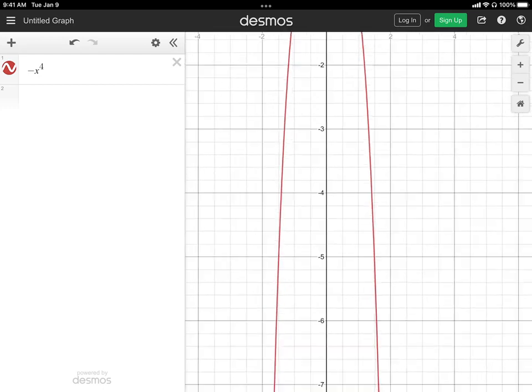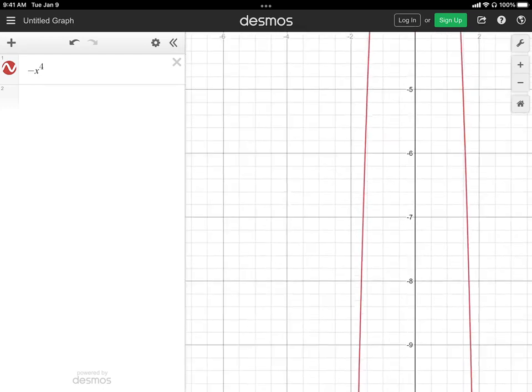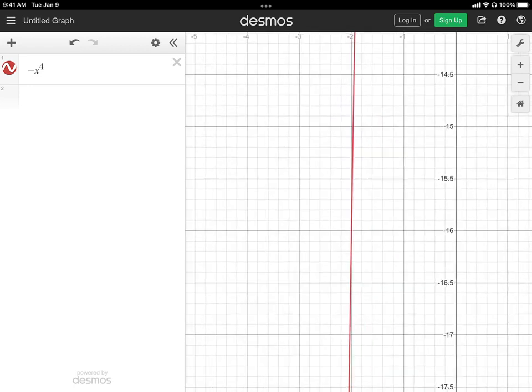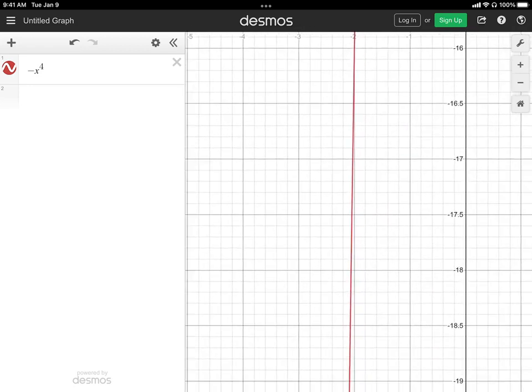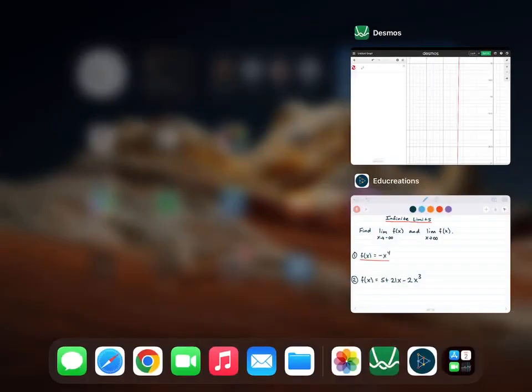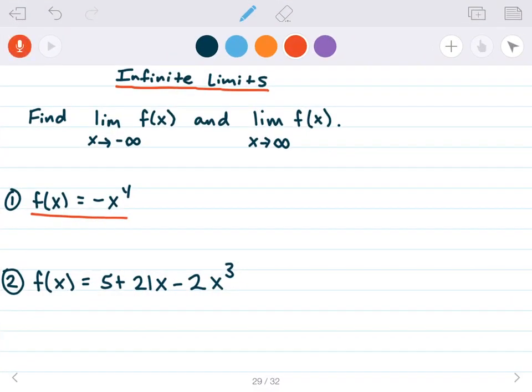Well, it looks, if we keep scrolling down, as x gets closer and closer to negative infinity, it seems that y also gets closer and closer to negative infinity, right? We just keep going down. And so this guy, limit as x goes to negative infinity, is going to be negative infinity.